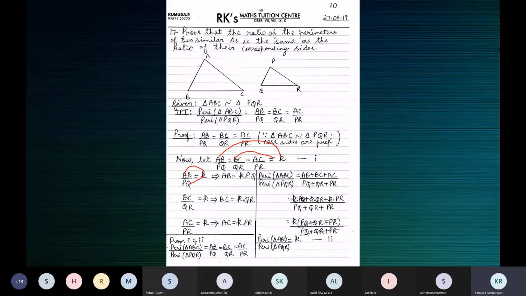Similarly, BC by QR is equal to K, so BC is equal to K into QR. AC by PR is equal to K, so AC is equal to K into PR.